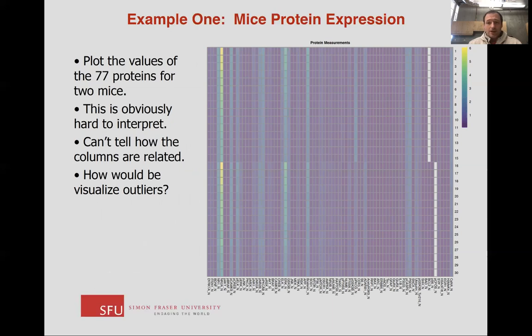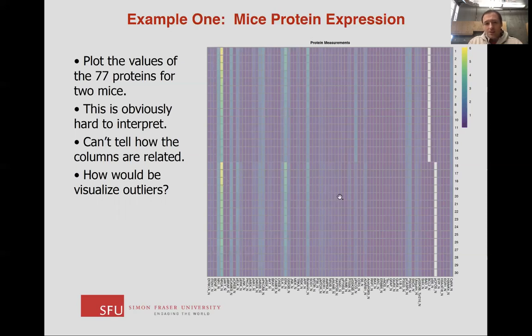What I've done here is I have the first 30 observations in the data. That's the rows. And the columns are the different proteins that have been measured. And the color here indicates the value. The lighter colors indicate higher concentrations of the proteins.